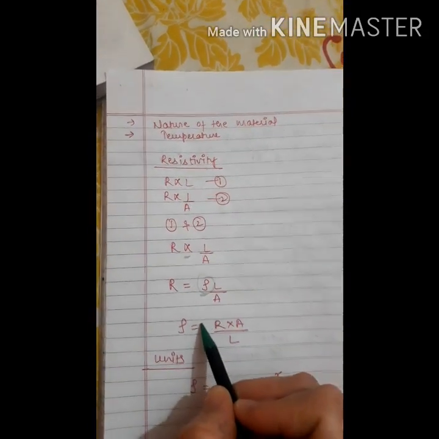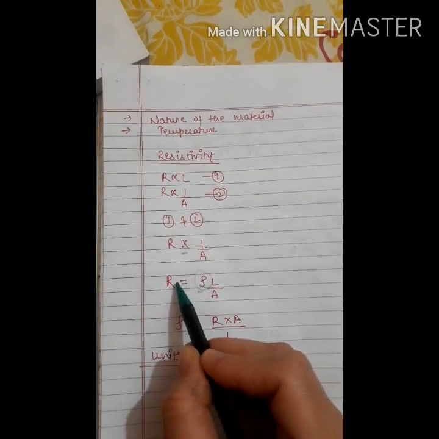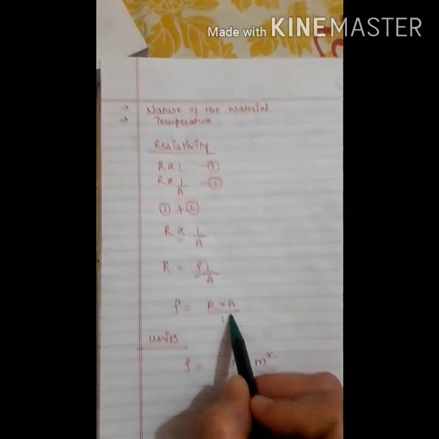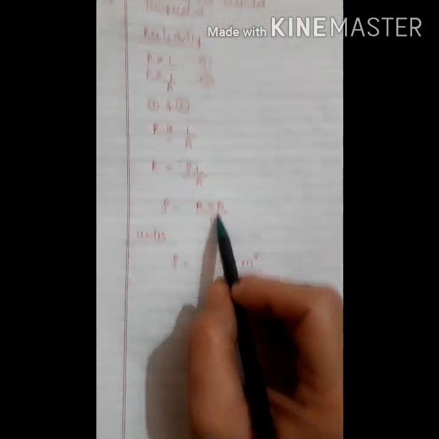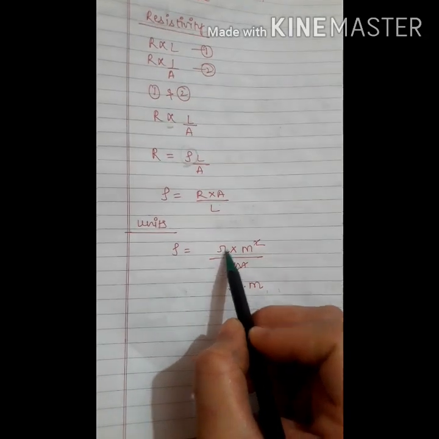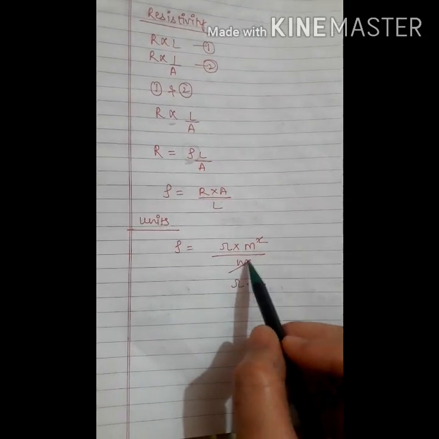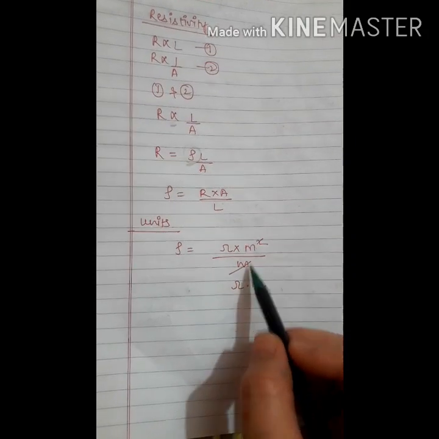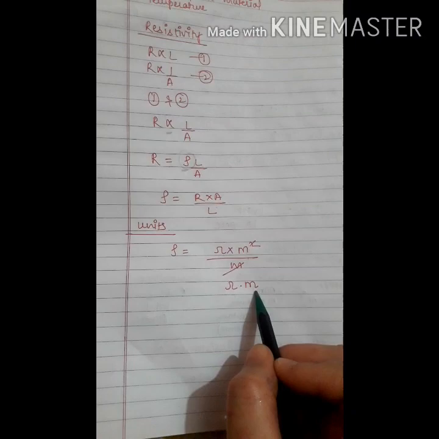Rho is known as the resistivity. The value of rho is R into A divided by L. We know that resistance is measured in ohm, area is in meter square, and length is in meter. By cancelling the meter and meter, we get the unit of resistivity as ohm meter.